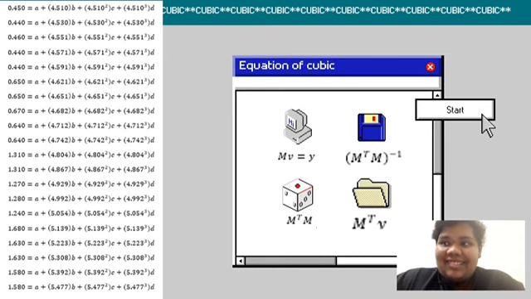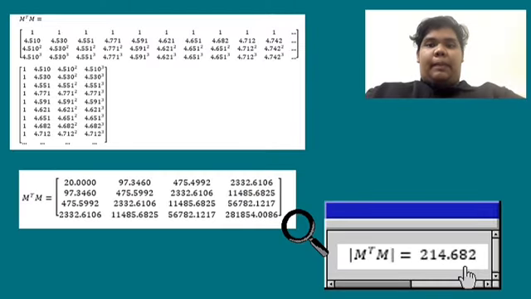M transpose M. Looking at the formula, we put the matrix in its order, and after that we find the determinant, which gives a positive number, hence we can find the inverse of this matrix.